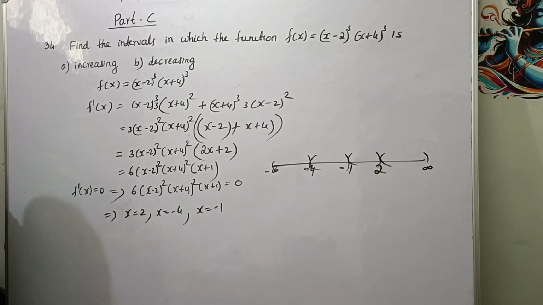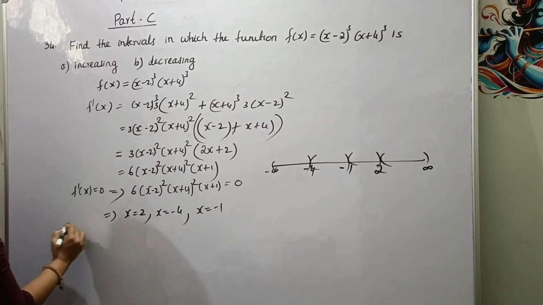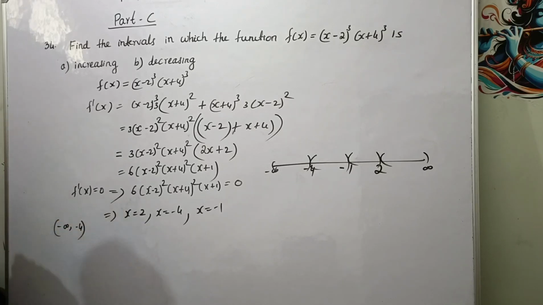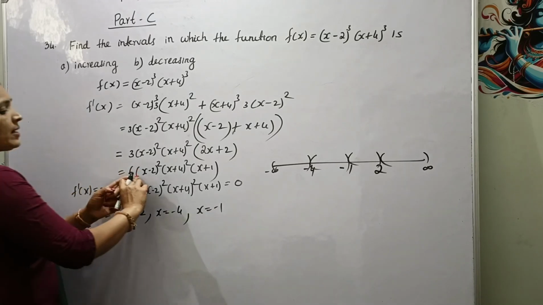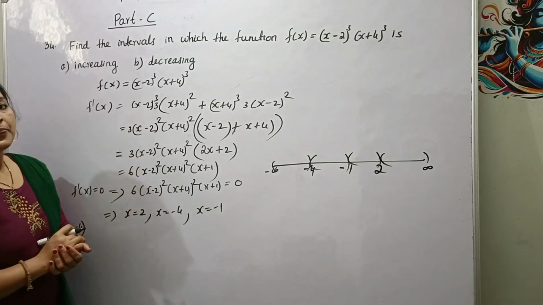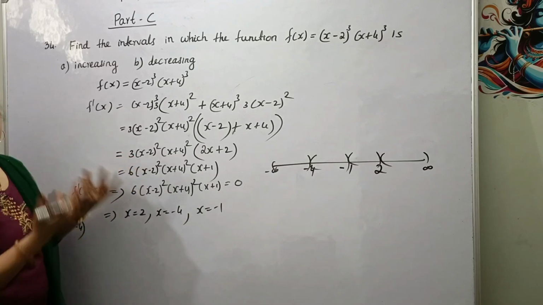So here we have to check in which interval the function is increasing and decreasing. Let's take the first interval, minus infinity to minus 4. In this interval, all the values are negative, right? So when you substitute any values between minus infinity to minus 4, these two terms are in square, right? So whatever values you substitute, these terms will always be positive.